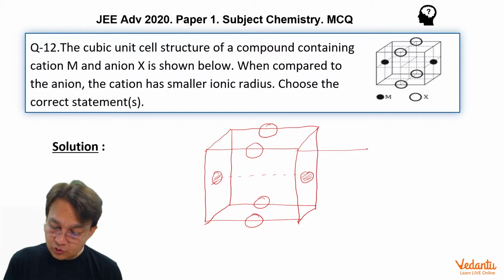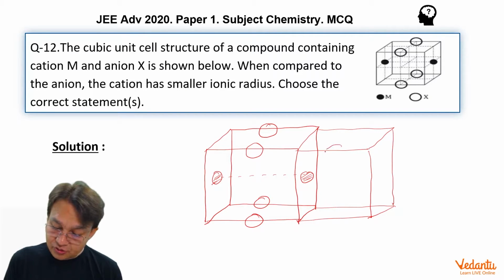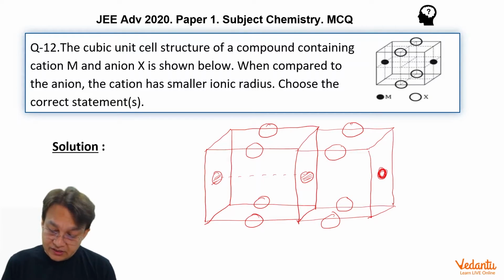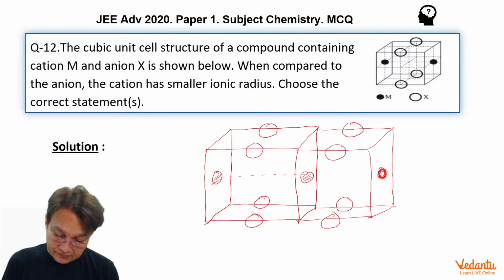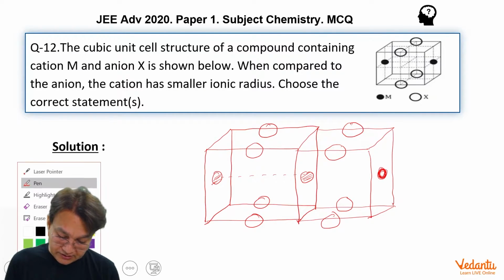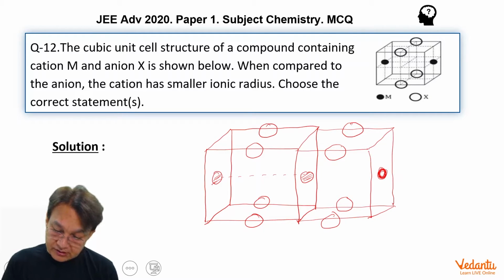If I extend this cube, and take it like this, then by the natural symmetry of the problem, you can see these two atoms should lie here and another atom should lie here. If you see it carefully, suppose I join all these lines with some different colors so that it becomes more visible.